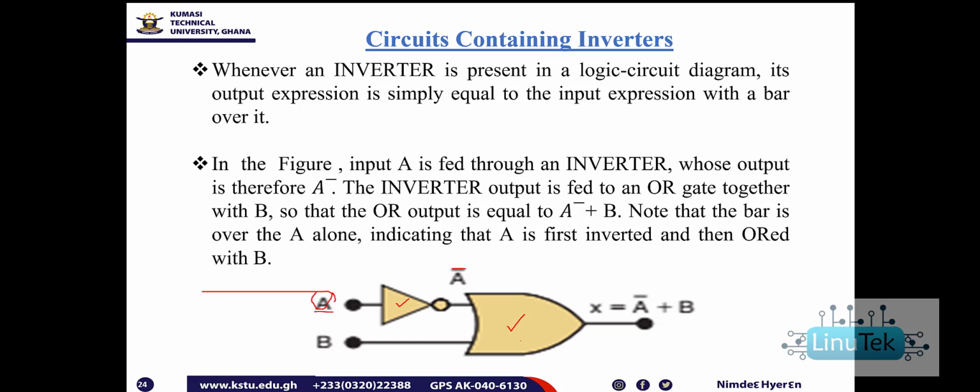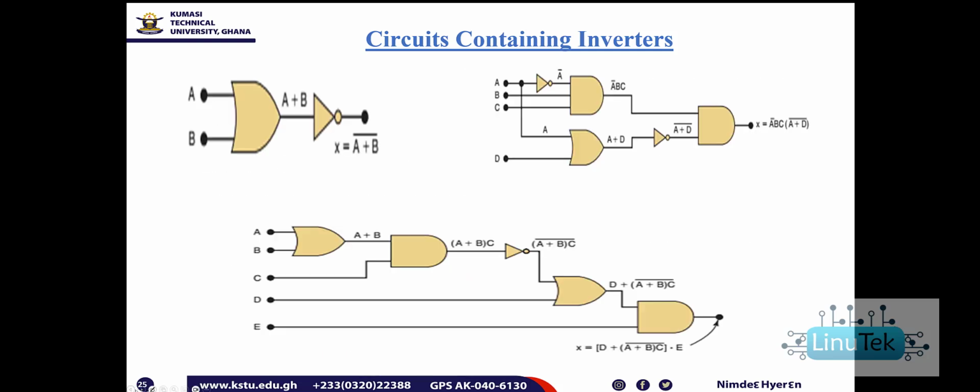Note that the bar is only on the A, not on both of them. So it is only on the A, and that is odd with the B. These are some examples of circuits containing inverters.